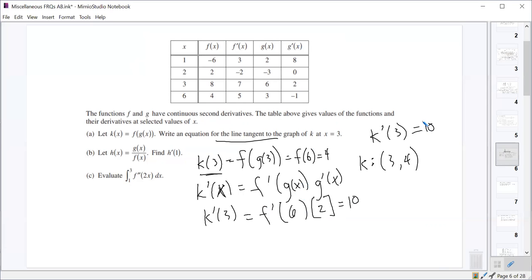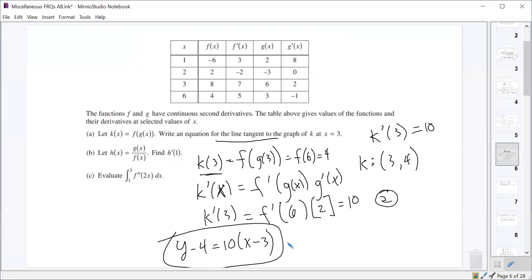Everybody good with that? So we get y minus 4 equals 10 times x minus 3 as our tangent line. That was worth 3 points: 2 points for the slope and 1 point for the equation. Everybody good there?